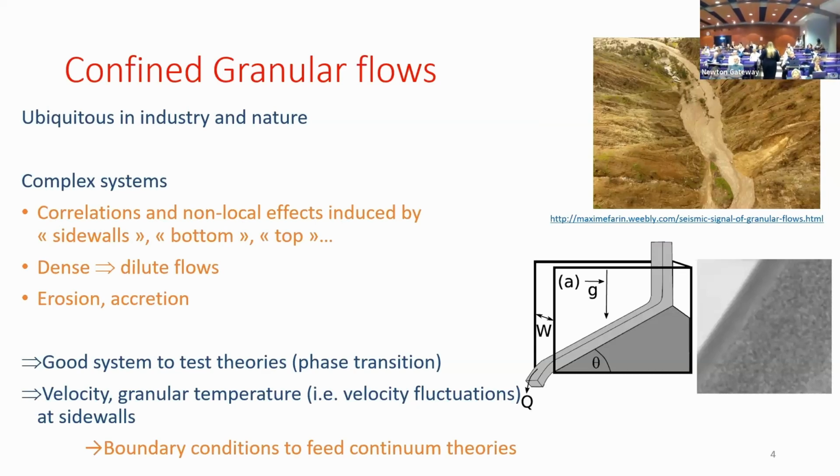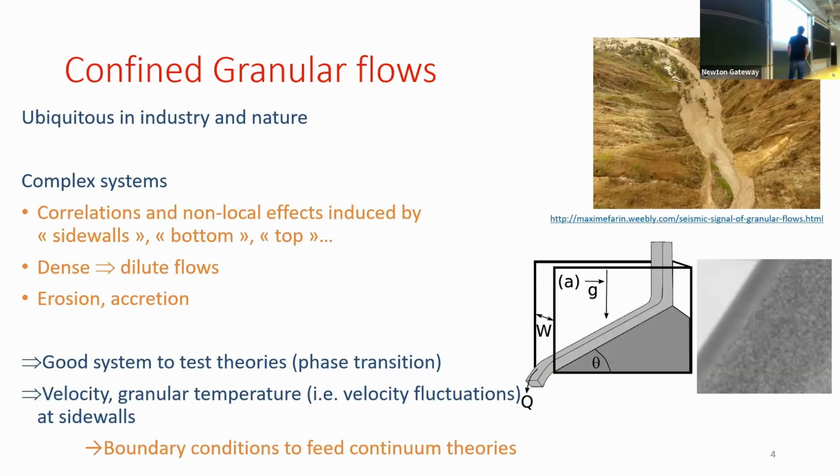Such systems, confined granular flows, are complex because due to the confinement, you may have correlations and non-local effects that are introduced by this confinement. And this confinement can be sidewall, can be the bottom, can be the top.